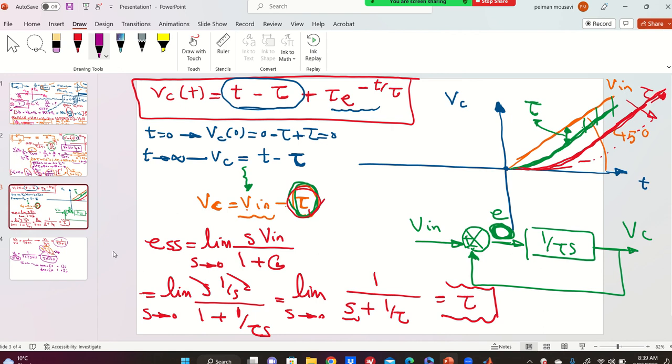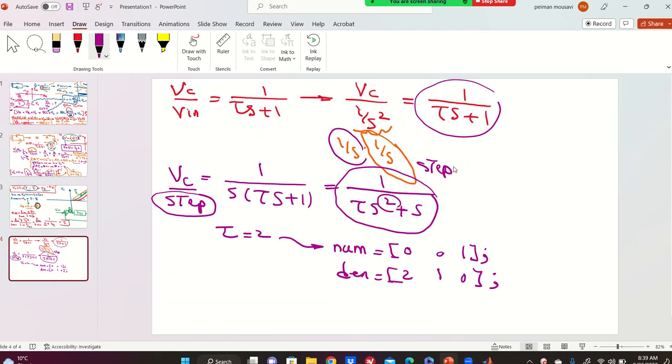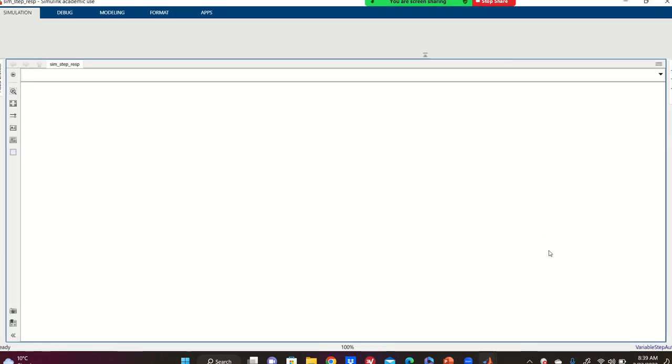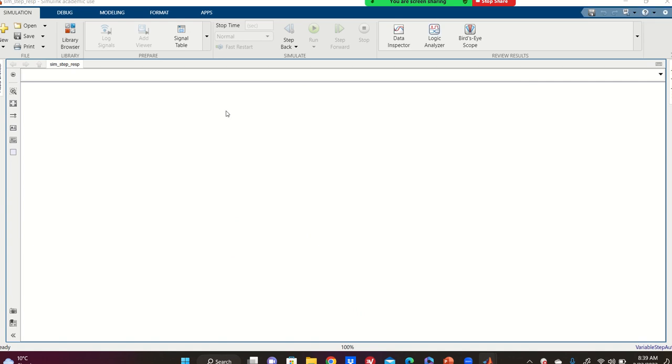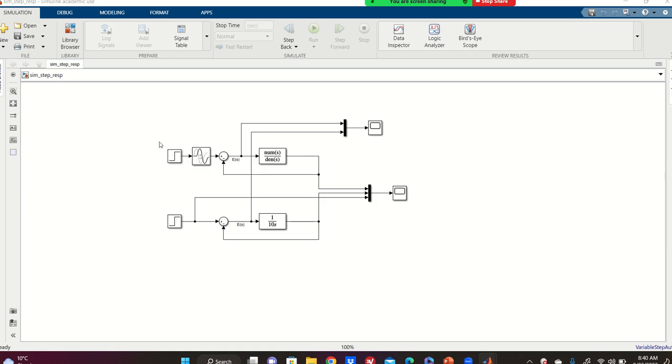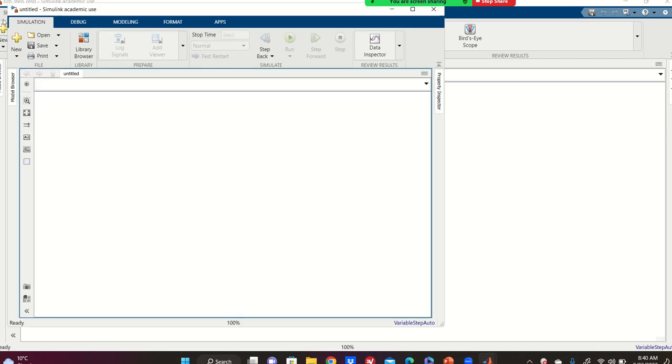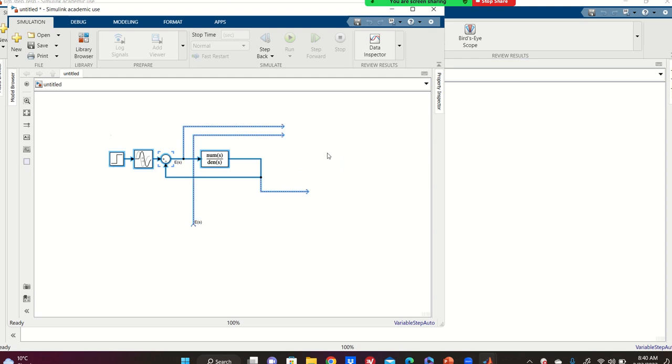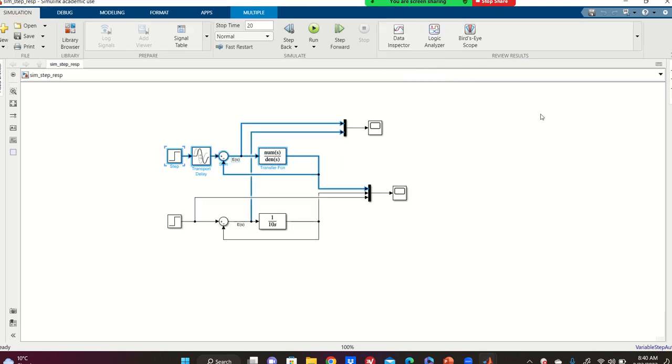You don't need to reshape your transfer function. We're going to stick to this open loop transfer function. I'm just going to take this into a new Simulink file. Here we go. And also one of these.